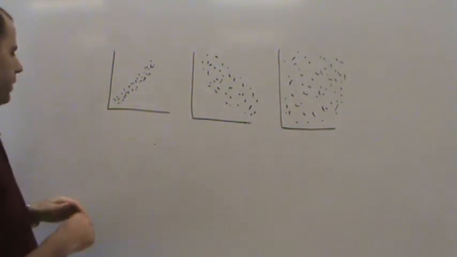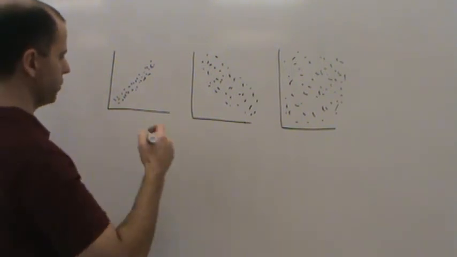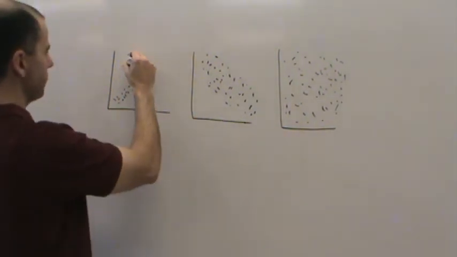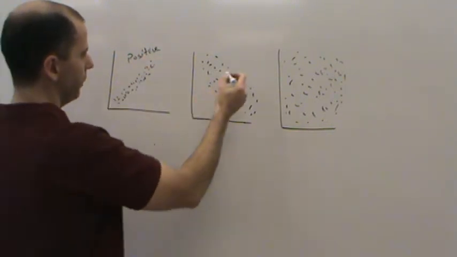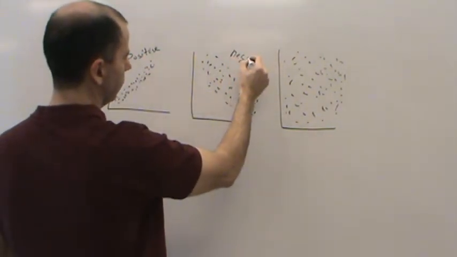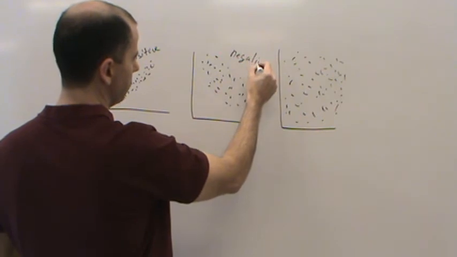So when we look at negative correlation versus positive, this would be positive correlation. This would be a negative correlation or negative association.